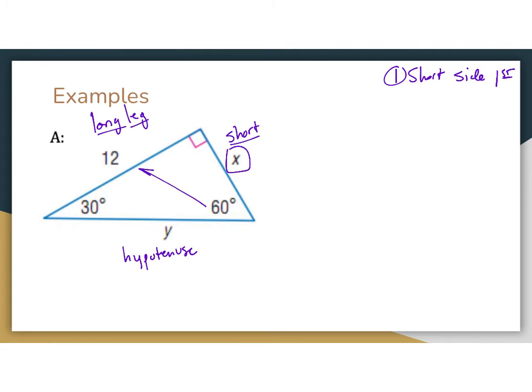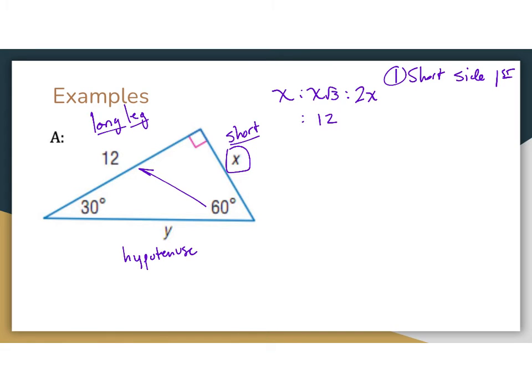I'm going to try and figure out the short side first, because if you look back at that table we filled out, all that happens is that I'm going to divide by the square root of 3. So my long leg is 12.